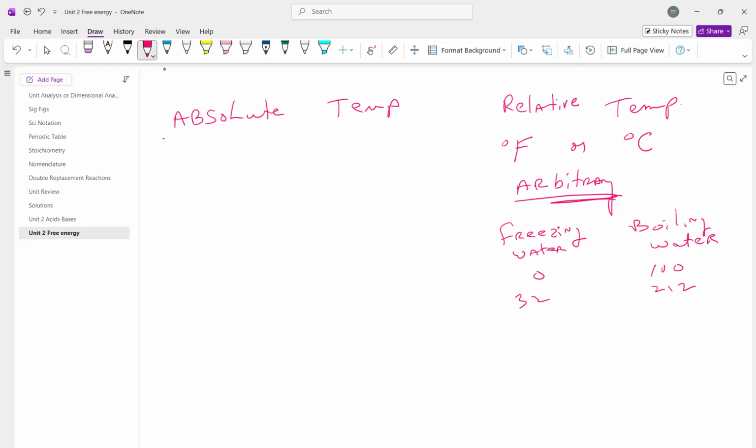So if we use the absolute scale, which is based on no movement at all, that's called Kelvin. Kelvin goes down, down, down to the point where there's no molecular movement at all. So that is absolute zero.